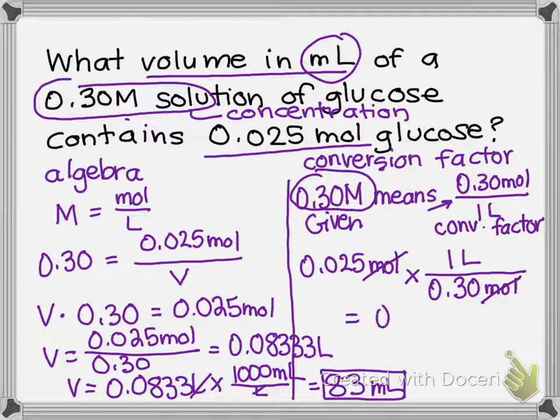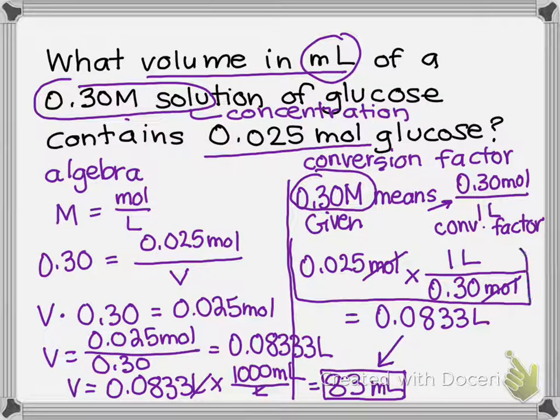And so I get 0.0833 liters, just like I did before. Then changing that to milliliters, I would get 83. So you can see why I like using it as a conversion factor, because compared to the algebra, I really just have this one step. But it doesn't make it the right way for you. You need to practice using algebra, maybe try it with a conversion factor, and see which way is best for you.